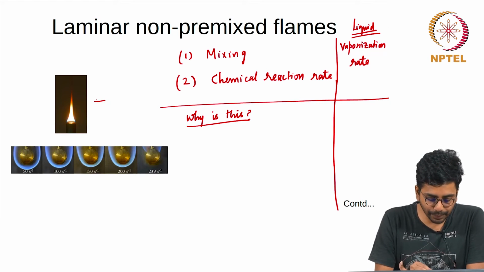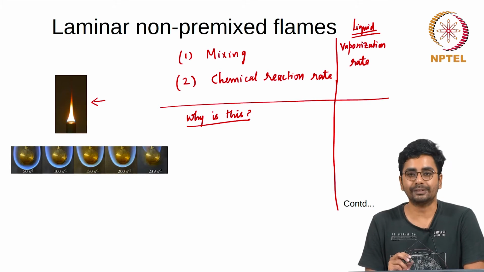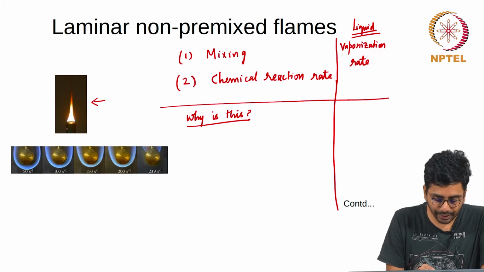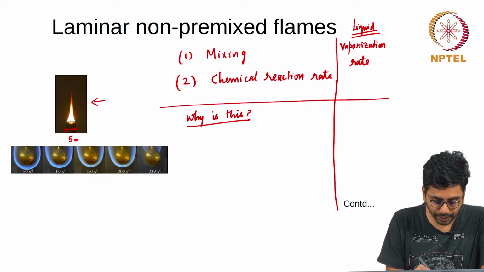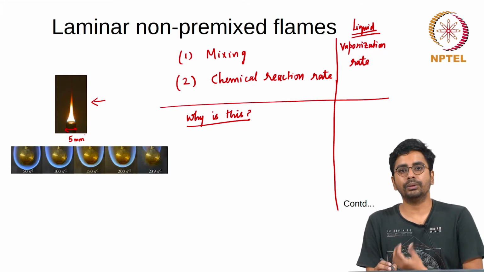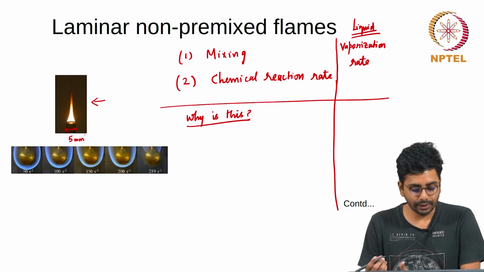We use this simple example of an ethylene jet diffusion flame to explain this idea. In the picture that is shown here, the diameter of the ethylene jet, if I remember right, is about 5 millimeters, okay, and the ethylene jet is issuing into ambient, which is at 1 atmosphere and contains air.